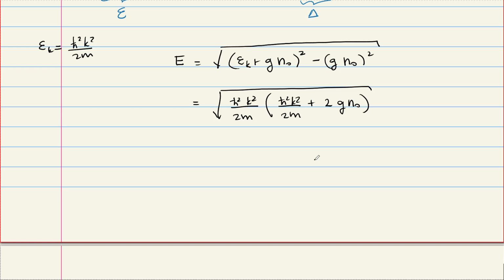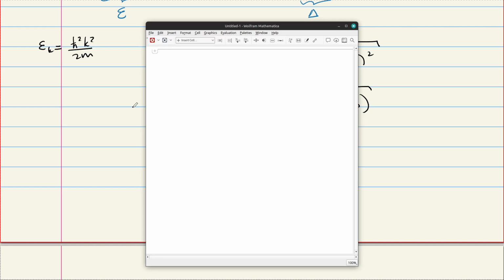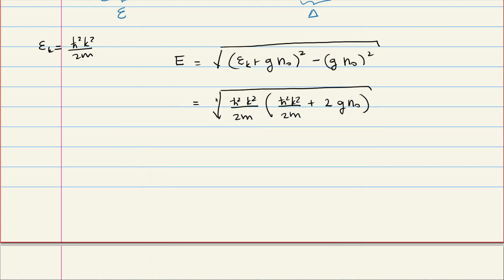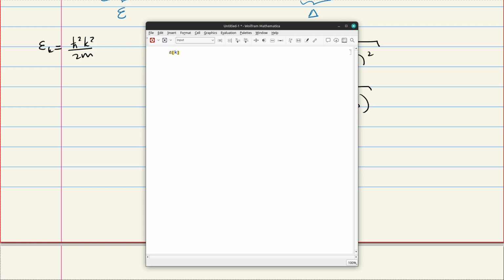And you can plot this. Actually, let me plot this for you. Let me define epsilon first. I will take h bar squared over 2m as 1, so that this is going to be k squared times k squared plus, let me call this g. Then I need to write it as a function of k. Can you read it? Okay, let me make it a little bigger.